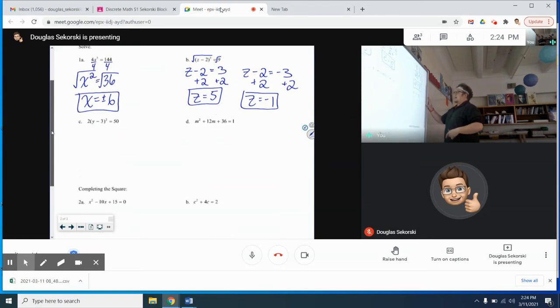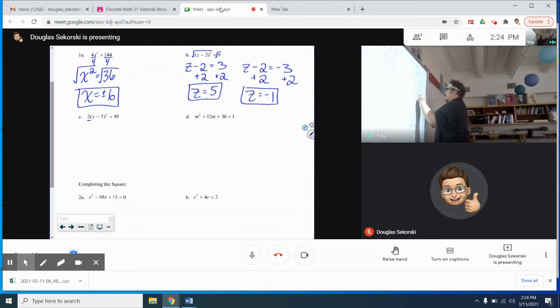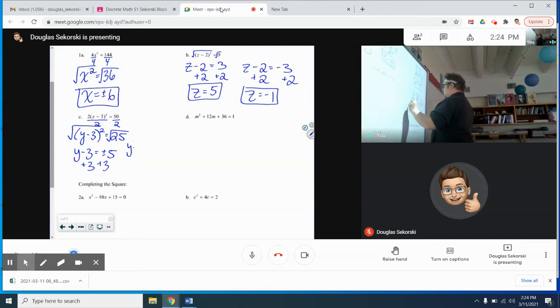Now over here, we have a coefficient outside. We're just going to divide by 2. And now we have that quadratic term isolated equal to 25. Take the square root of both sides. We get y minus 3 equals plus or minus 5. And then we add 3 to that. So we get y equals 3 plus or minus 5.